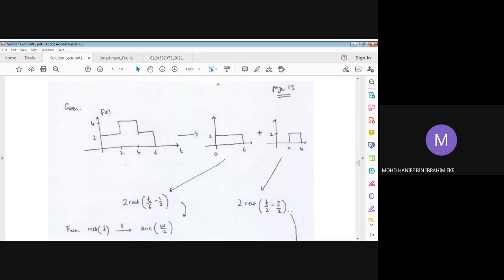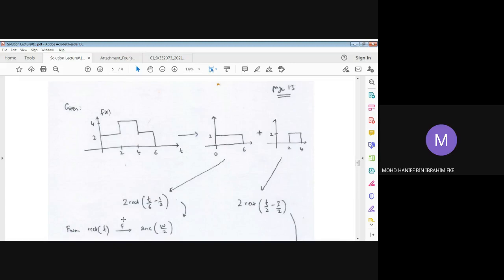So those should be the equations in time domain for both signals. Based on this, we note that there are 3 operations involved for both signals: time shifting, time scaling, and amplitude scaling.